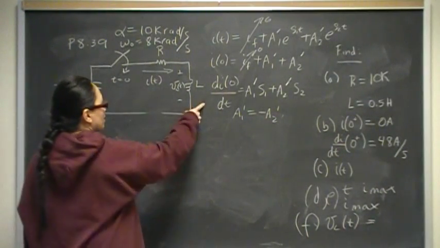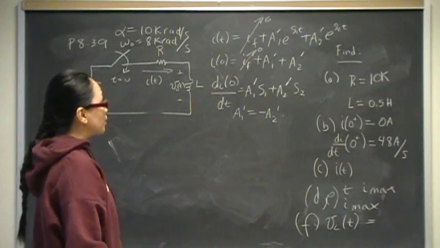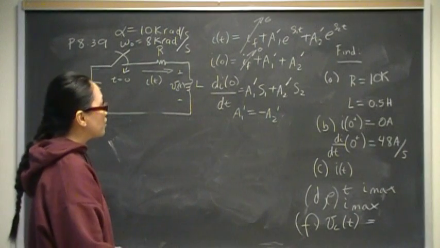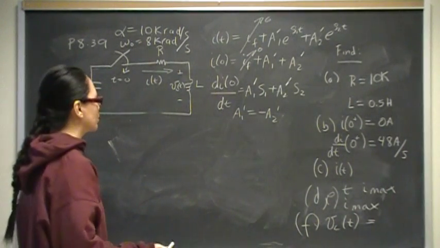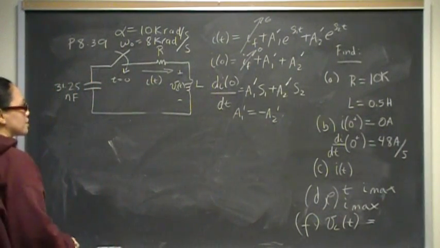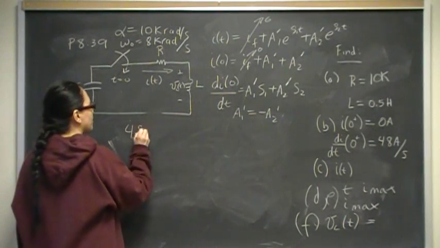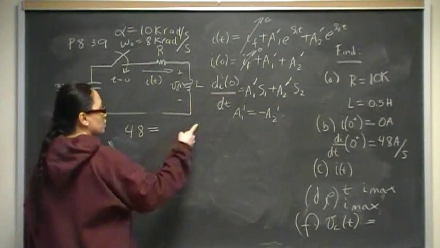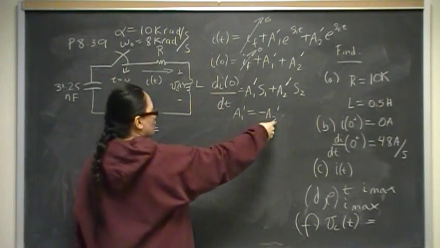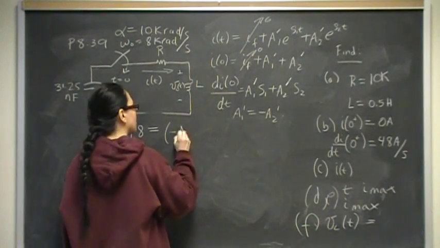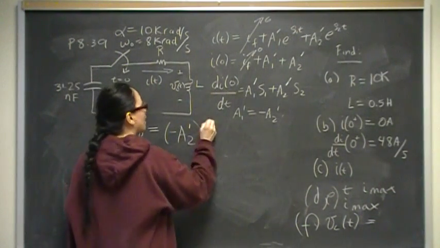Let's do that. We said the rate of change of the current through the inductor is 48 amps per second after the switching happens. So we said that was 48, and A1 is equal to negative A2. So we'll substitute that in right now.